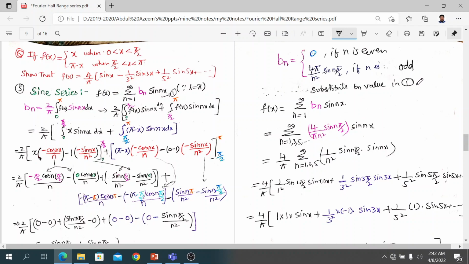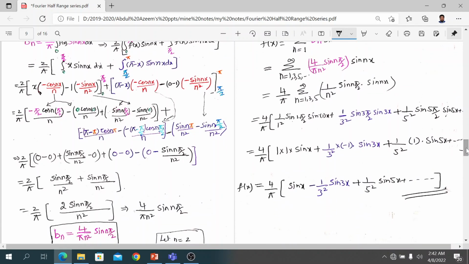Since n is odd, sigma over n equal to 1, 3, 5 of 1 by n square sin n pi by 2 into sin nx. Now expand this: 1 by 1 square sin 1 into pi by 2 into sin 1x, plus 1 by 3 square sin 3 into pi by 2 sin 3x, plus 1 by 5 square sin 5 pi by 2 into sin 5x. 4 by pi as it is, sin 90 is 1 into sin x, 1 by 3 square sin 3 pi by 2 that is minus 1 sin 3x, plus 1 by 5 square, this value is 1, sin 5x.